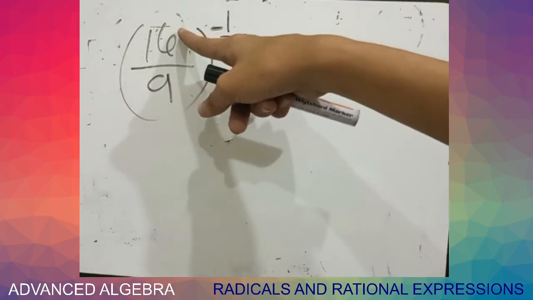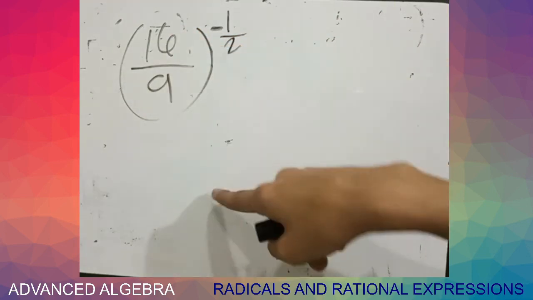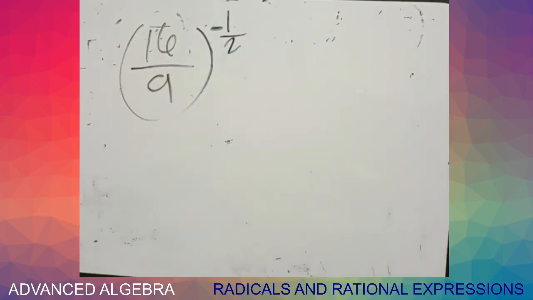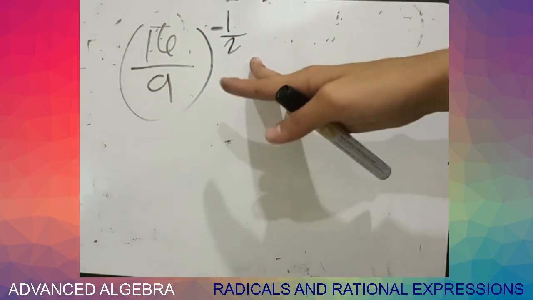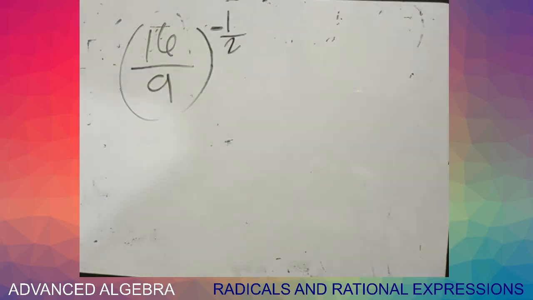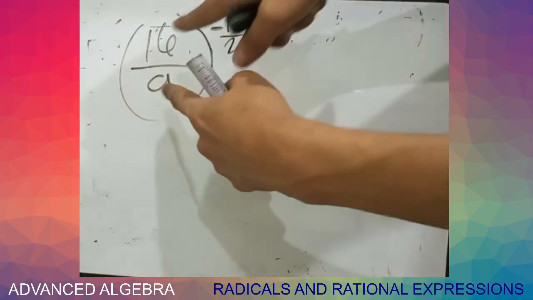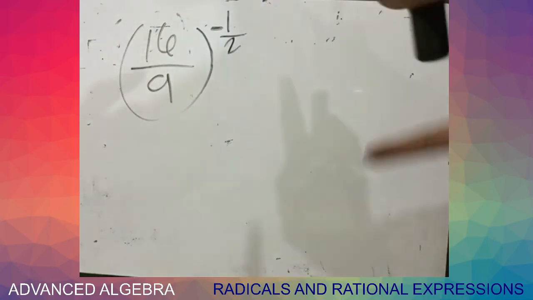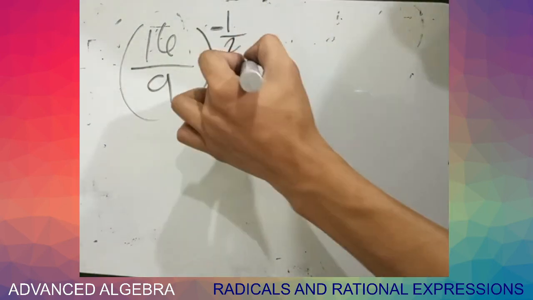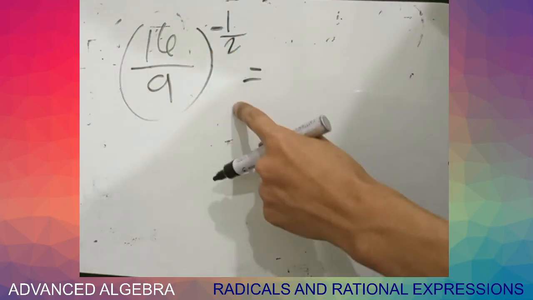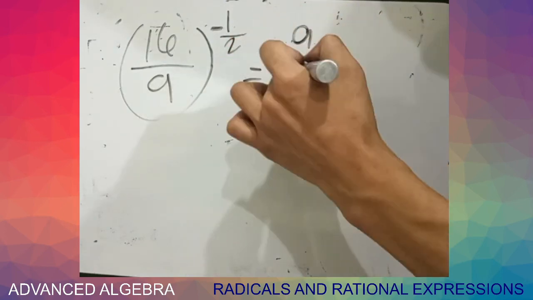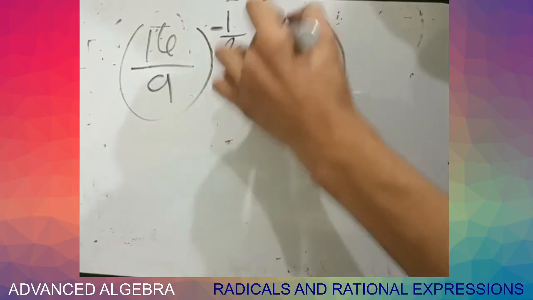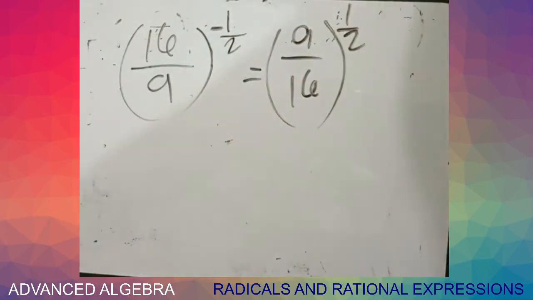Tapos, kapag yung may negative naman dito sa taas, binababa natin para maging positive. So, dahil nasa labas yung ating negative, kapag binaliktad natin, yung ating numerator and denominator, mababaliktad din. So, ganito yan. Pag binaliktad ang sign, magiging 9 over 16 raised to 1 half.